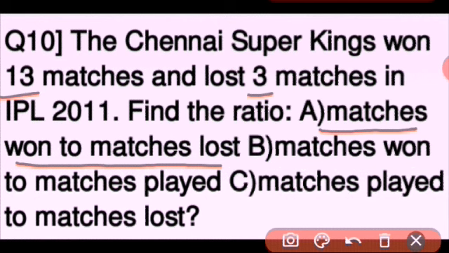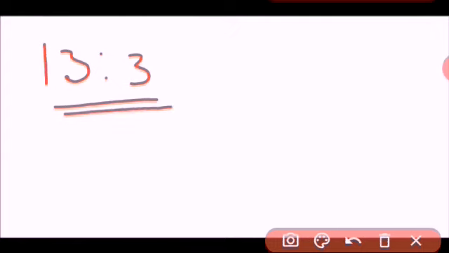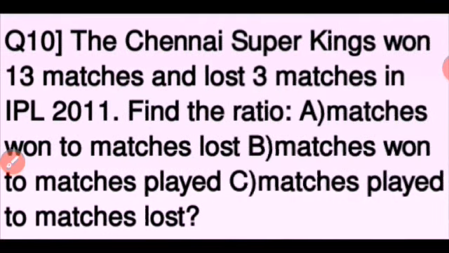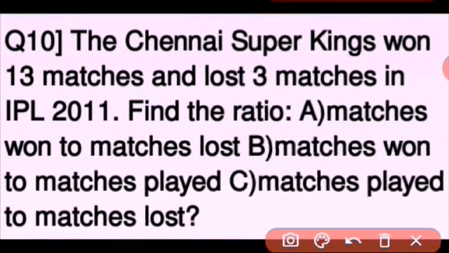So matches won to matches lost is 13:3. That is the first answer. Next, matches won to matches played.